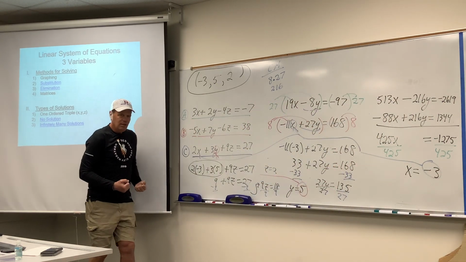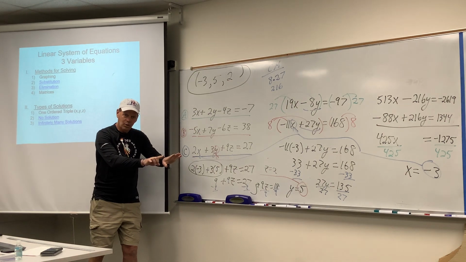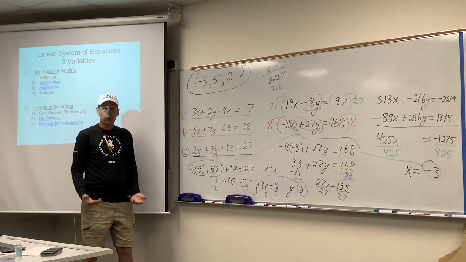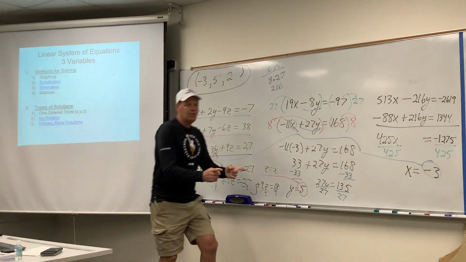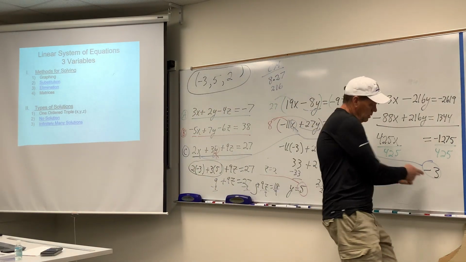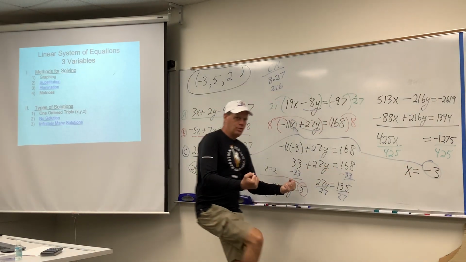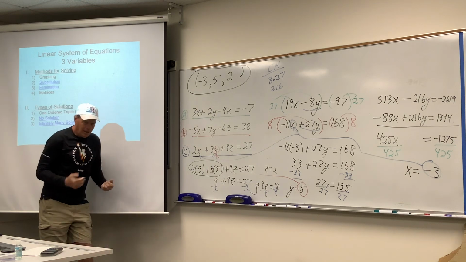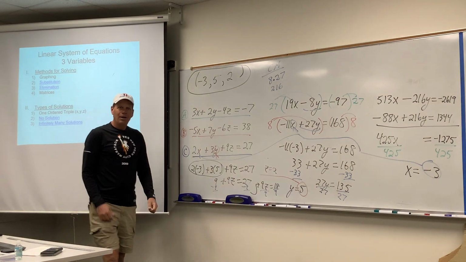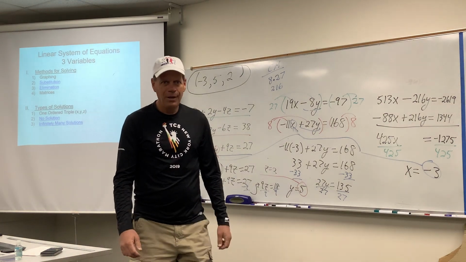All right? So, you forward eliminate, and once you find numbers, you backward substitute. So one more time, forward elimination with backward substitution. There it is. Whew. I'm exhausted.